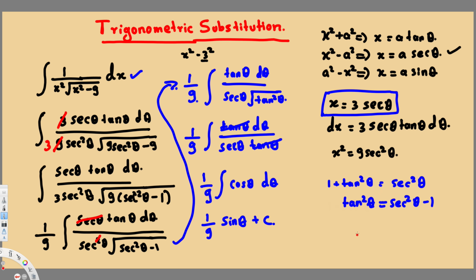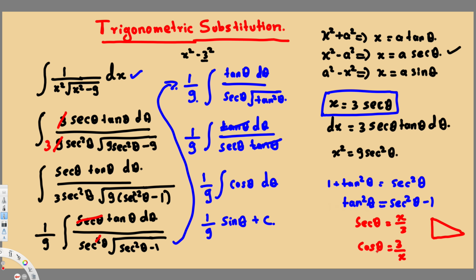Now to do this, if x is equal to 3 sec theta, then sec theta is equivalent to x divided by 3, right? Then if we draw a right angle triangle, instead of sec theta we can write cos theta, because sec theta is reciprocal of cos theta, so cos theta is going to be equivalent to the reciprocal of this value, that's going to be 3 over x.